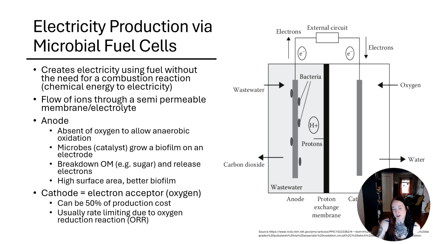The higher the surface area on the anode, the better, because you can have more bacteria absorbed to the anode. The cathode is about 50% of the production cost, and what material you use is important. It's usually the rate limiting step due to the oxygen reduction reaction.